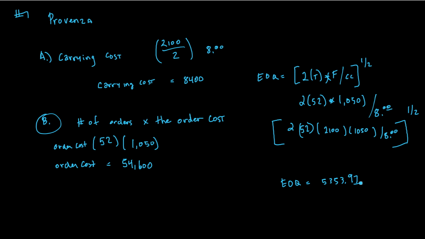So what we can say here is that the firm's policy is not optimal. Why? Because the carrying costs and the order costs are not equal. So the company should increase the order size and decrease the number of orders. That was 7. So let's do 8.